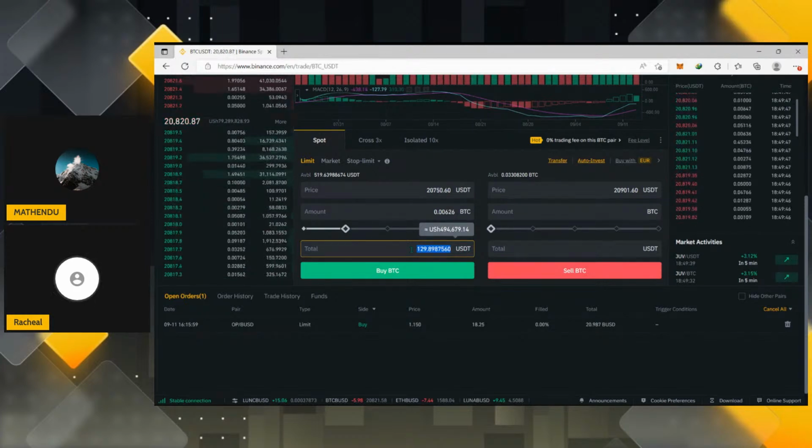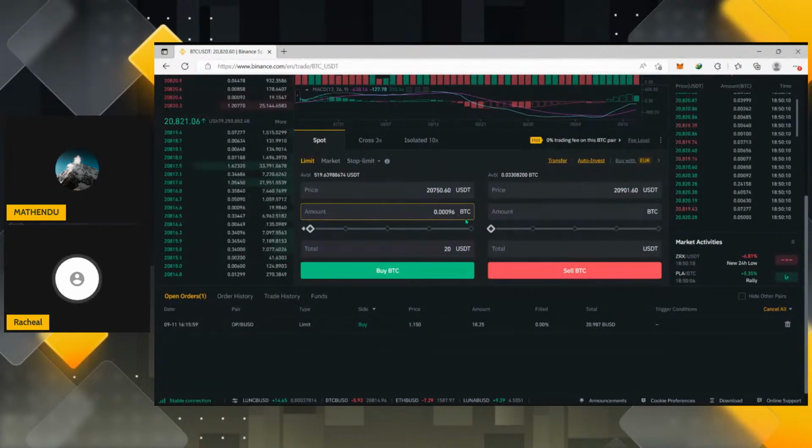Remember, with spot trading, the minimum you can trade with is $10. So you have to have a minimum of $10 worth of crypto. So say I put $20.